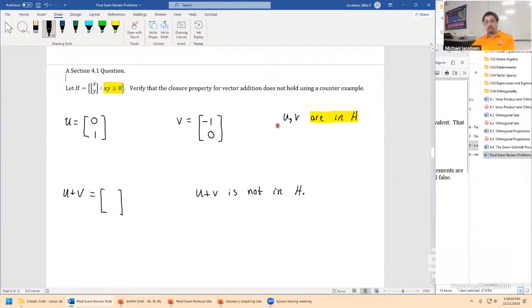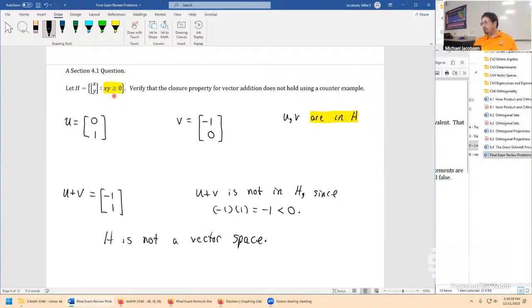So this is true. u, v are both in H. Now add them together. u plus v is going to give us (-1, 1). This is no longer in H. We can say u plus v is not in H since -1 times 1 is -1. Well, that doesn't fit. This is strictly less than 0, so we've left the set H. So this proves H is not a vector space.